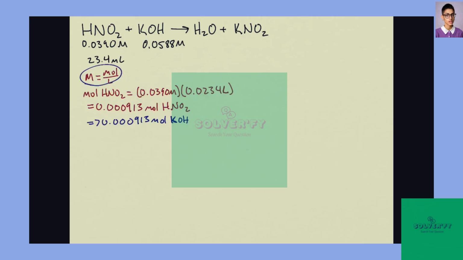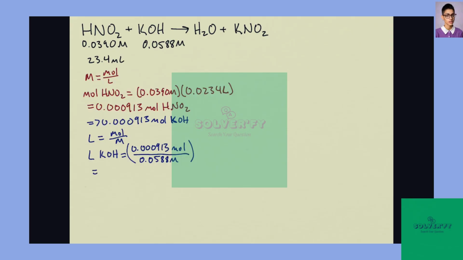Using the same equation here, we have liters is equal to the number of moles over the molarity. So the number of liters of KOH we need is 0.000913 moles over 0.0588 molar.